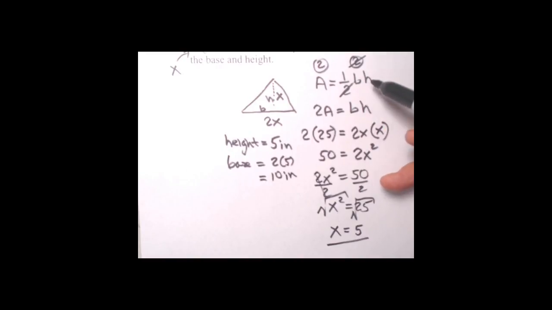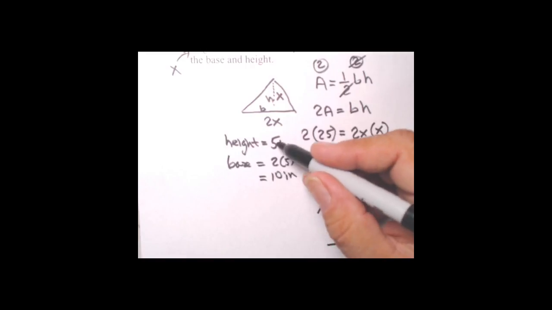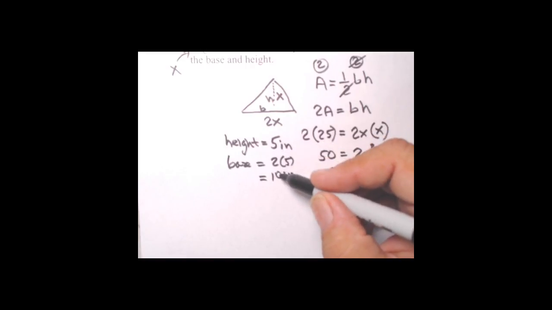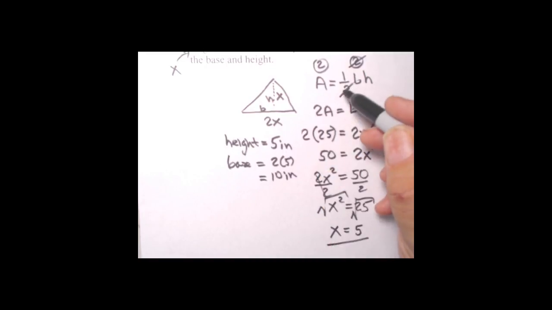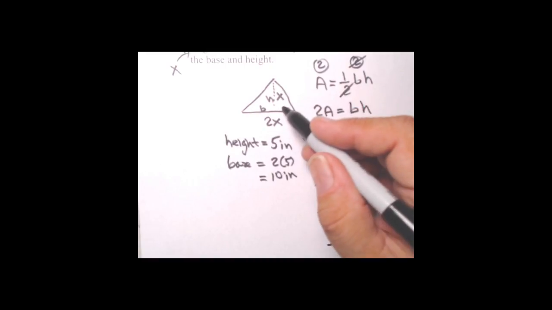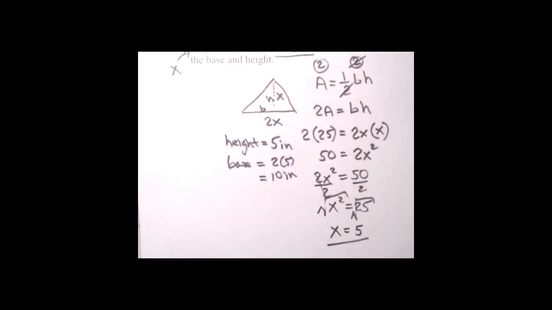Area equals 1/2 base times height. So if you multiply the base and height together here, we get 50 inches, and inches times inches gives me square inches. But remember, we have to take half of that, so that gives us an area of 25 square inches, which is exactly what we're supposed to have.